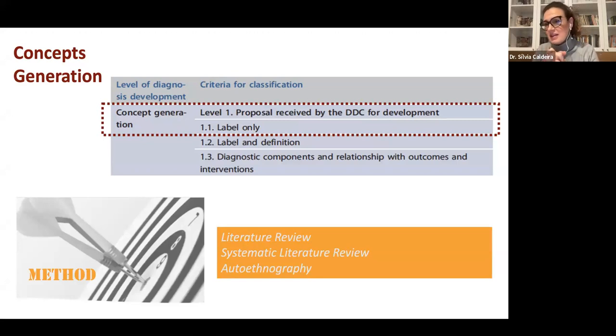You don't have a study. You didn't do a literature review. You didn't do any other type of study. But please look at this type of study, autoethnography. It's composed of specific procedures, but it's interesting for experienced, expert nurses to propose human responses that are not in the taxonomy. And this is quite interesting to consider.